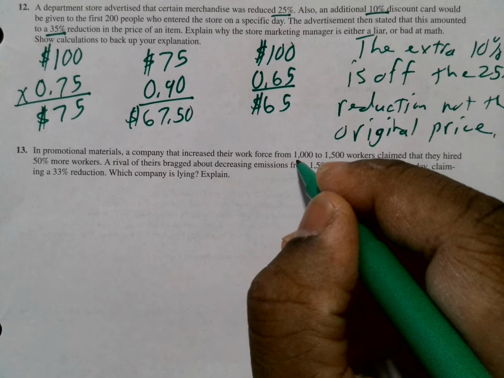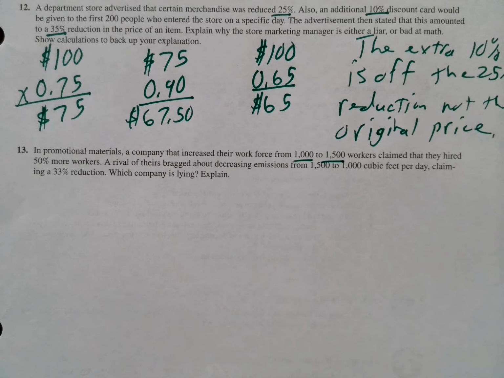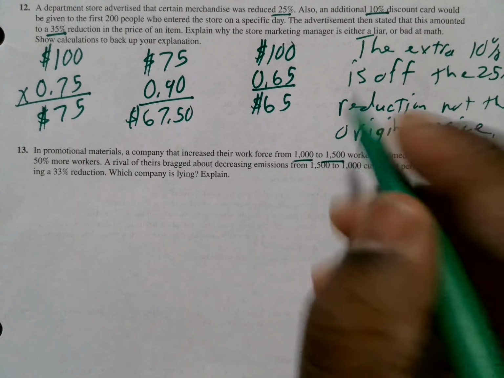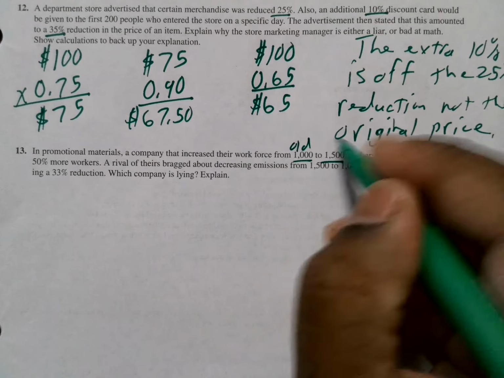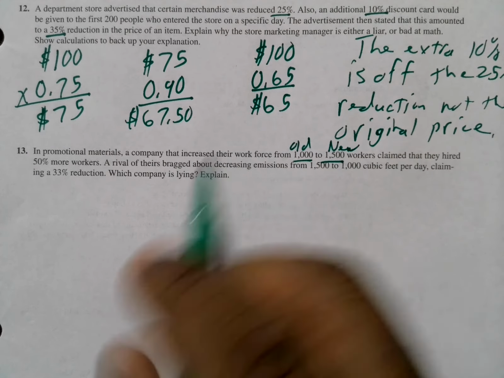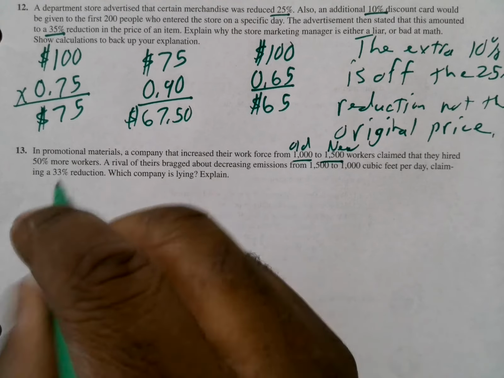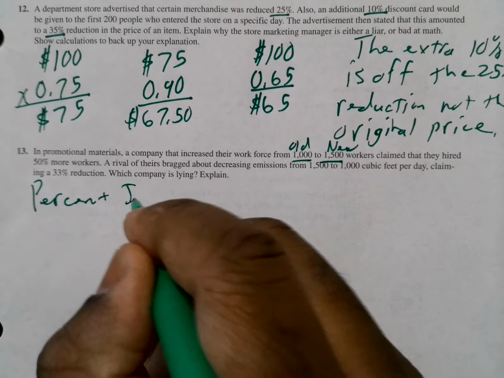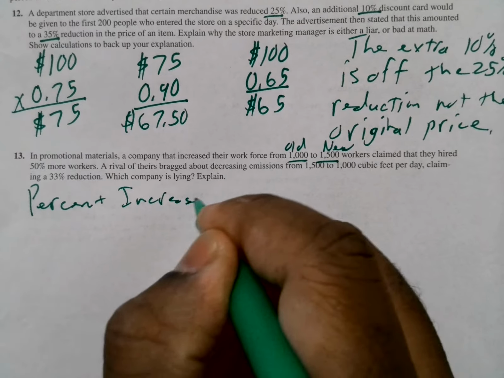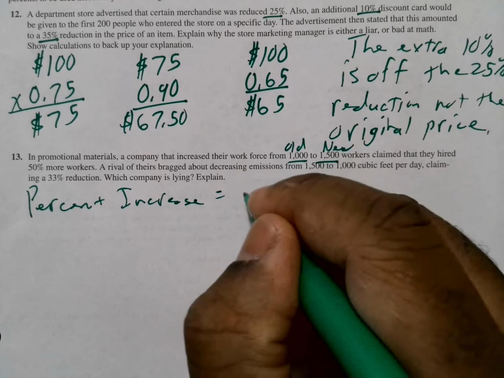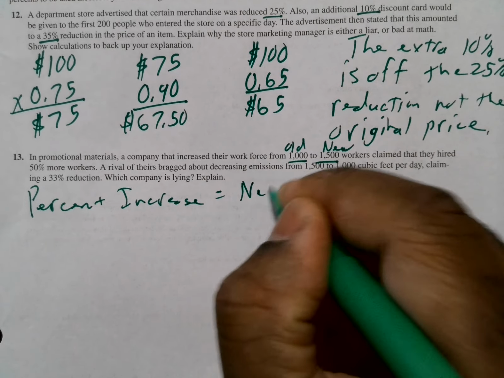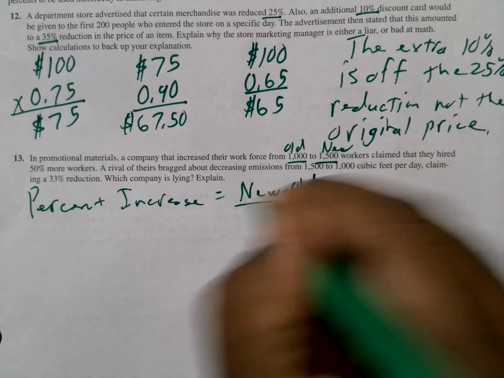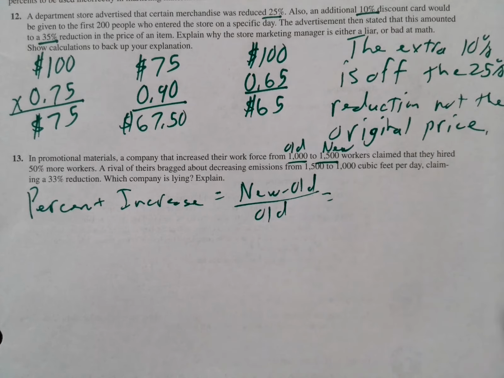So let's go here. We went from 1,000 to 1,500. So we know that this is the old value. This is the new value. So we would do our percent increase, which would be the new value minus the old value divided by the old value.